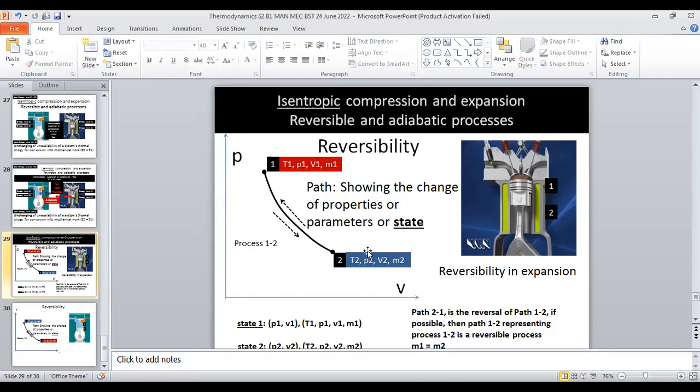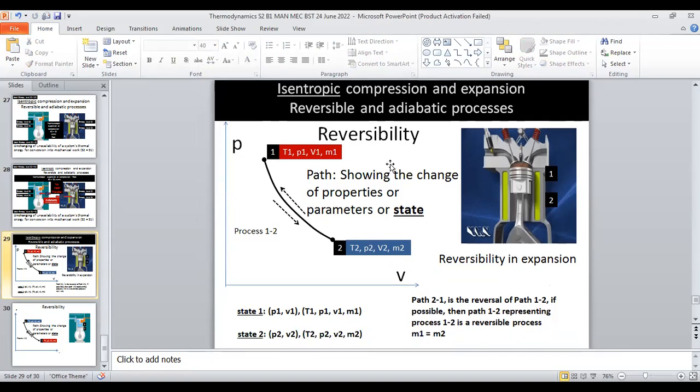Yeah, that's the way. And M1 is M2. Those are the practical tips. It's very important. So, reversibility in expansion.